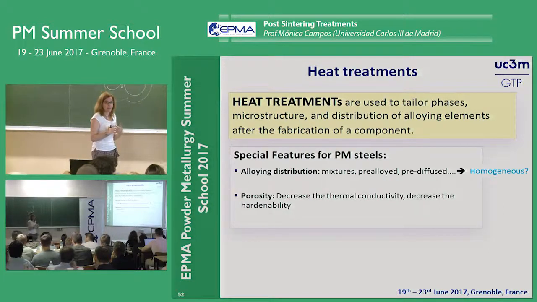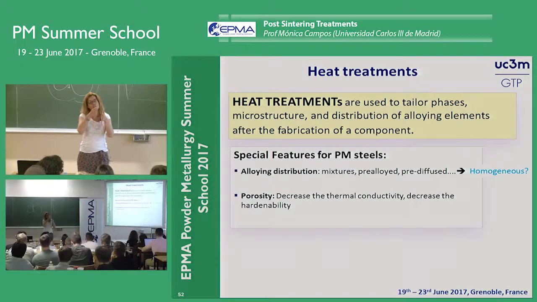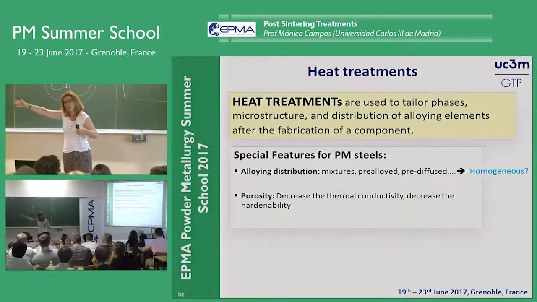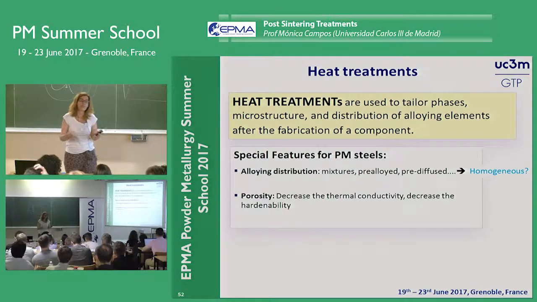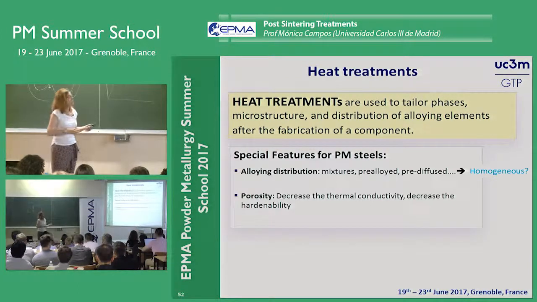If I am a PM part producer, I would like to make the treatment during the cooling, because I do not increase the number of steps in my PM route. But in some cases, it's impossible. In the case of steel, it depends on the hardenability of our system. And we are going to discuss this hardenability.